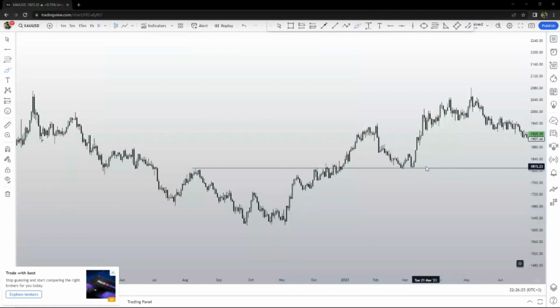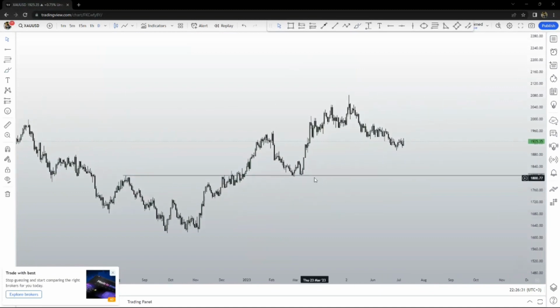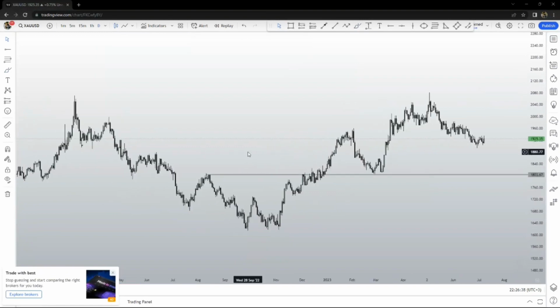Here I'm going into details because I don't need to look around this time frame. Let's say daily, and I'm looking at this as Wednesday, 28 September price action.